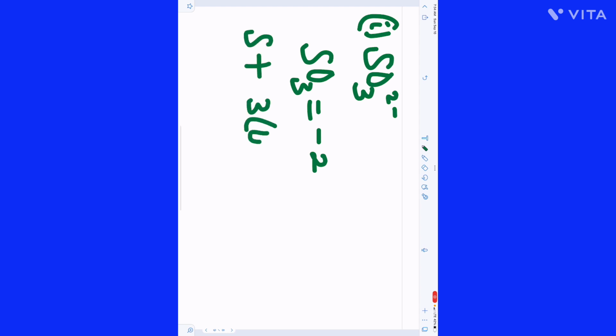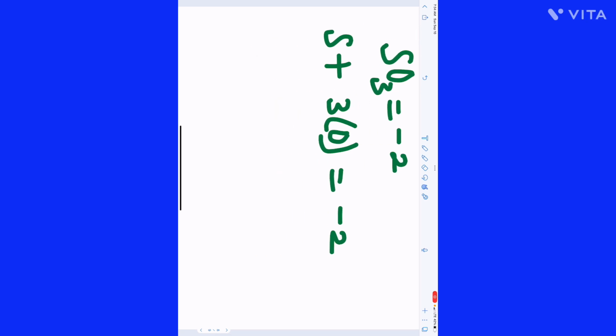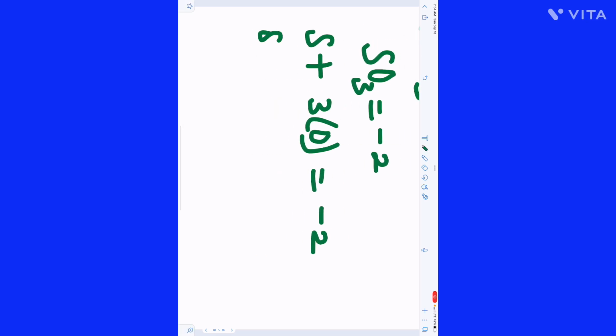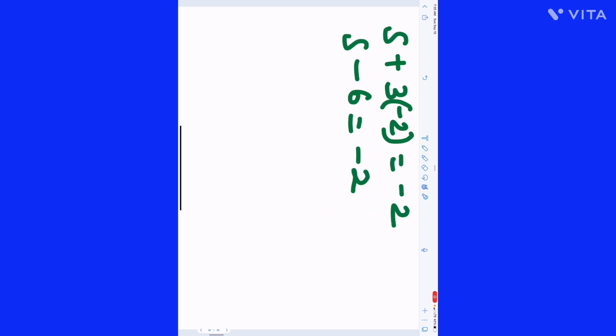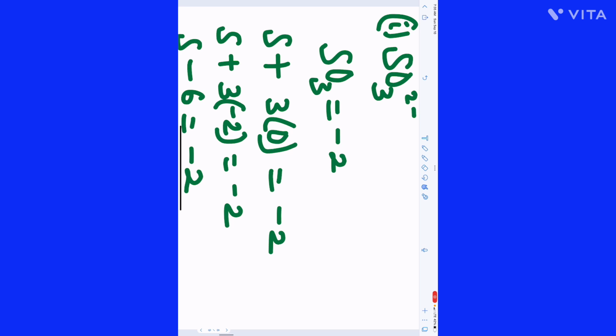So the charge of sulfur plus 3 times the charge of oxygen will give -2. S minus 6 is -2. S is equal to -2 plus 6. S is plus 4. So the oxidation number of sulfur in that ion is plus 4.